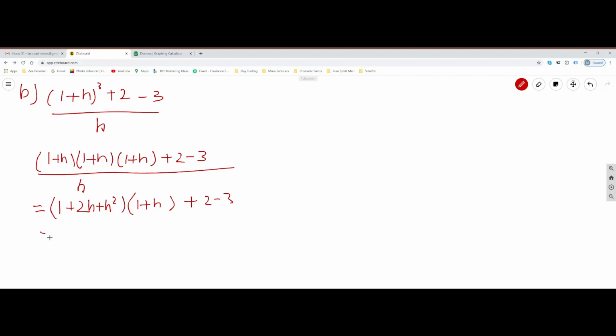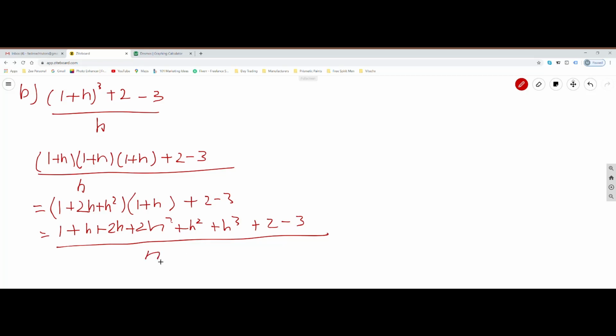So you have 1 plus h. You have 2h. You have 2h squared. Then you have h squared and h cubed plus 2 minus 3 over h.